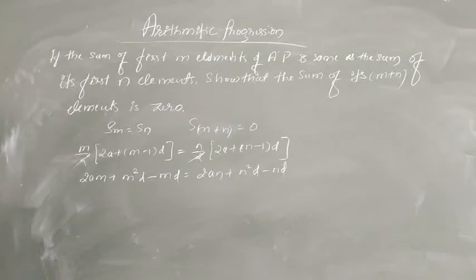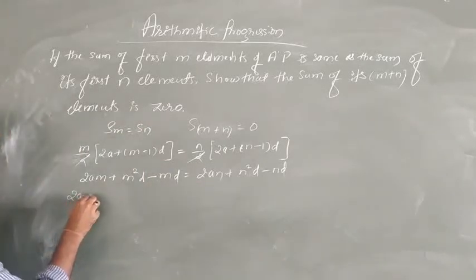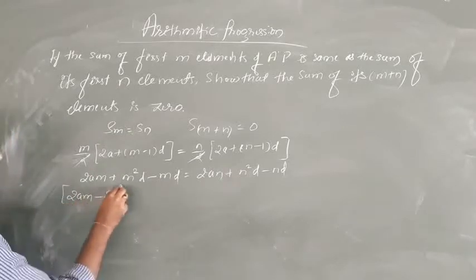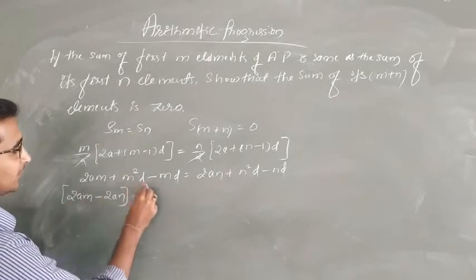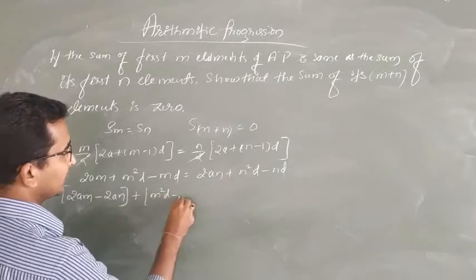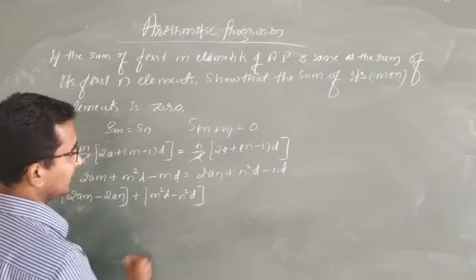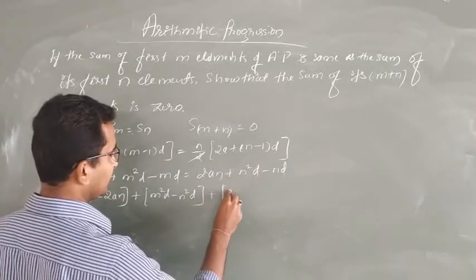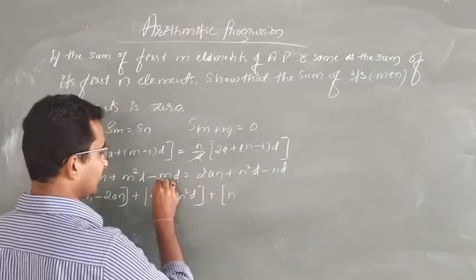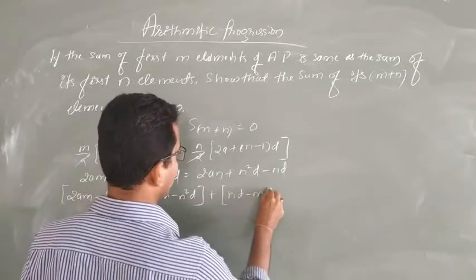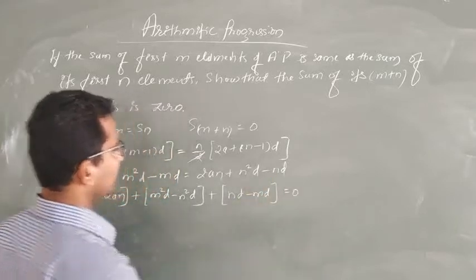Now I will take the RHS terms to the LHS. 2am minus 2an, I pair this one, plus inside the bracket m square d minus n square d, then plus, if I bring this to the LHS, nd minus md is equal to 0.